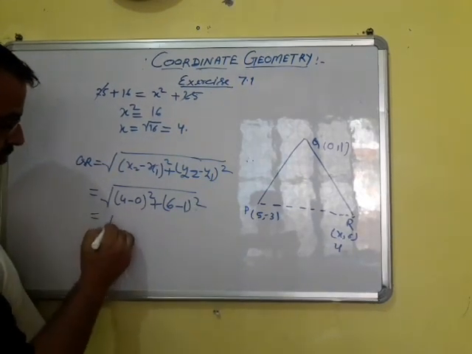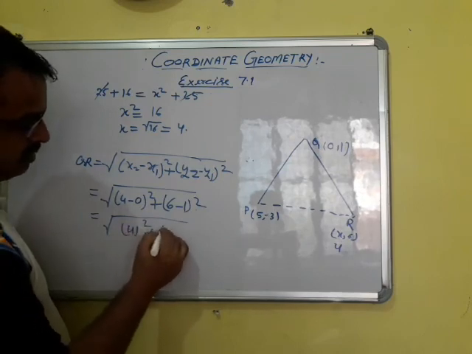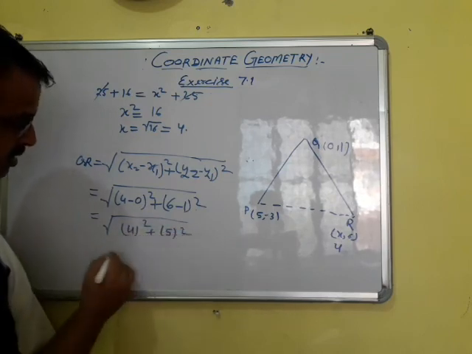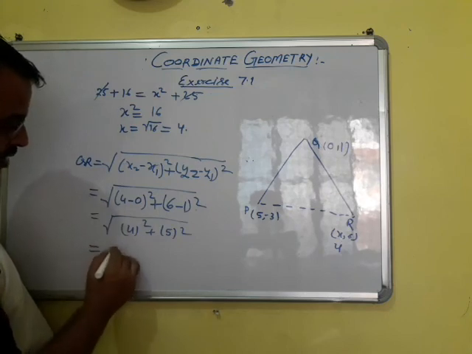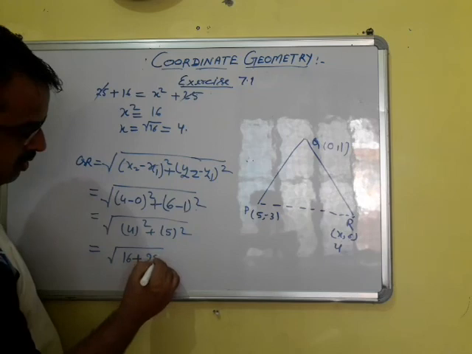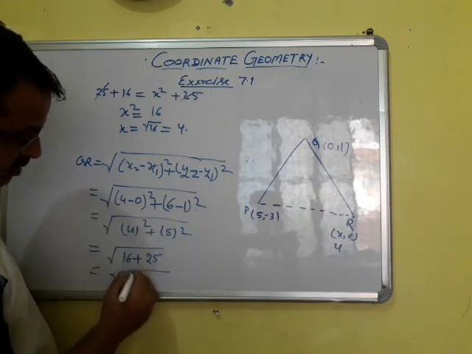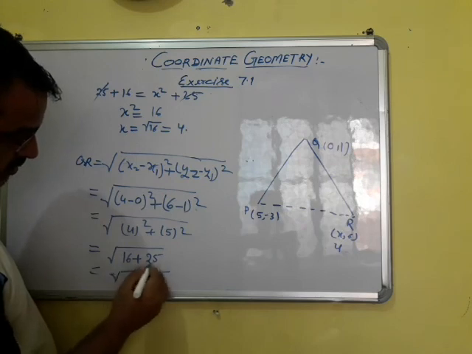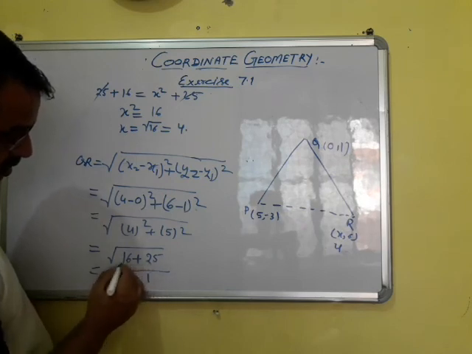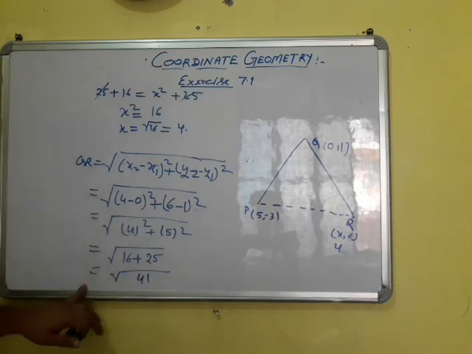So we get 4 whole square plus 5 whole square, root of 16 plus 25, which is root 41. QR is root 41.